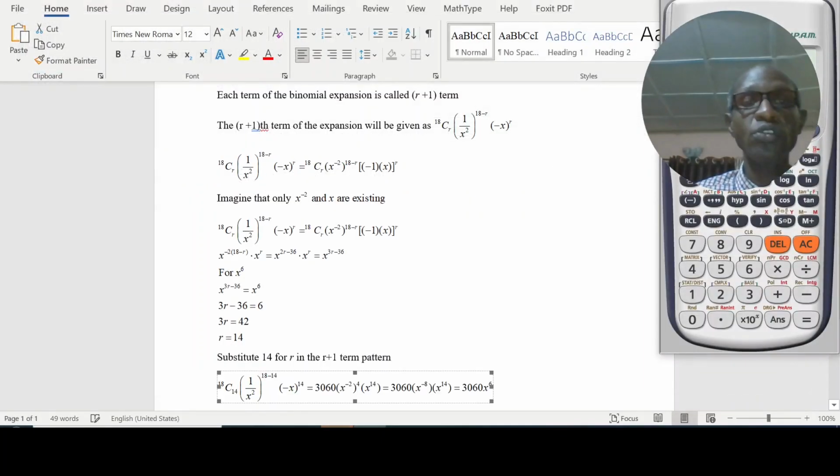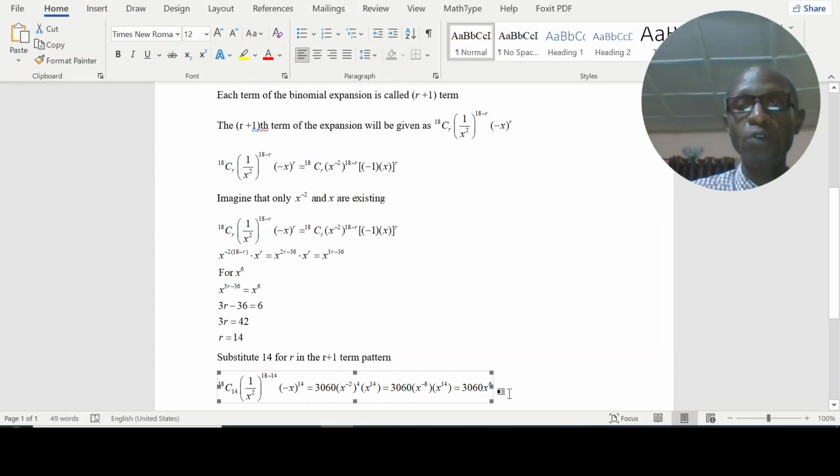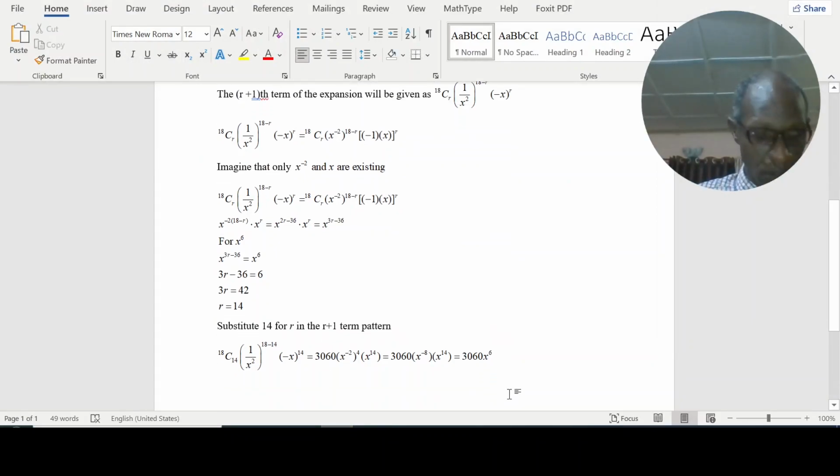So they ask us what's the coefficient. The coefficient of x raised to the power of 6 is 3060.